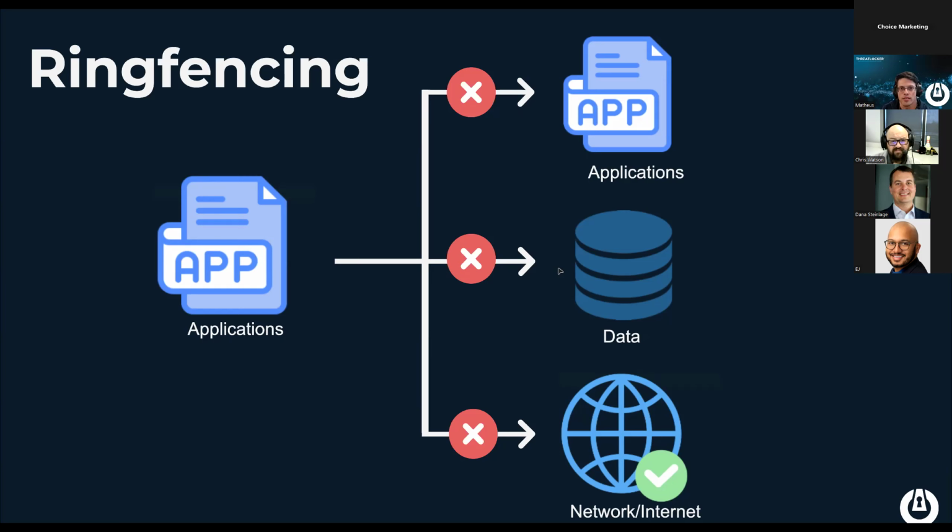With ring fencing, we are able to stop this type of connection from taking place. For a lot of our customers, we were able to prevent the SolarWinds and 3CX applications from reaching out to malicious places online by default, without even realizing that we were doing it in the first place, because we don't need to know that it's bad to stop it.